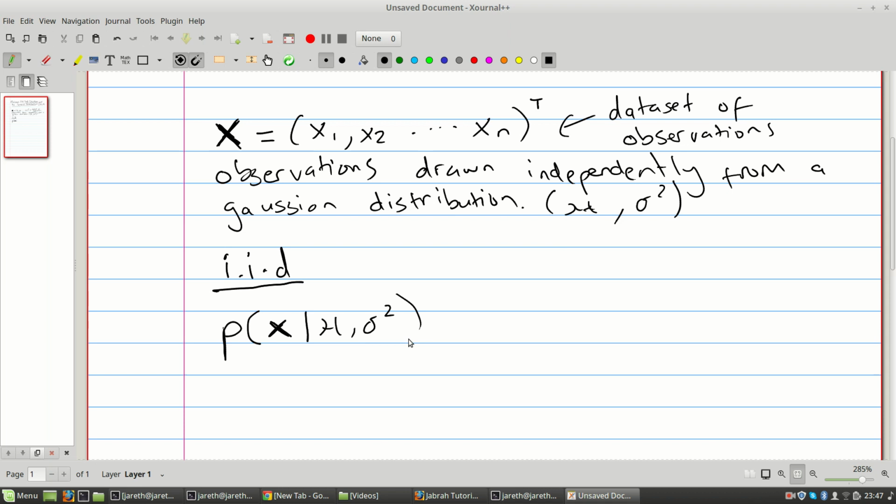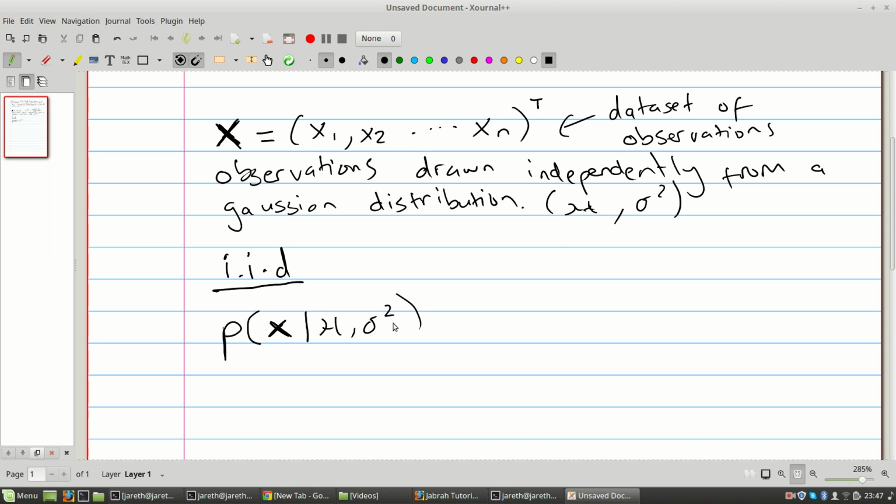We want to know the probability of generating this data set given mu comma sigma squared, but we don't know what mu and sigma squared are. I'm going to discuss how we compute this.